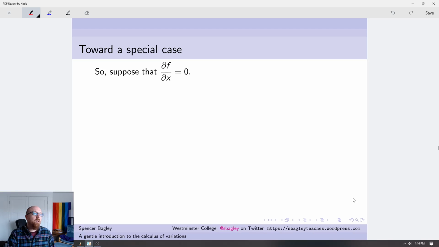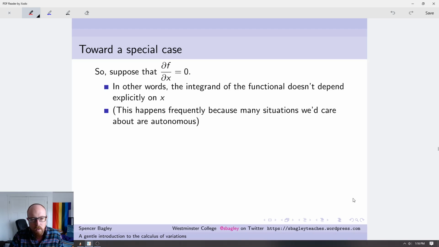So I said earlier that a lot of functionals that we care about are not going to depend explicitly on x because things are autonomous and don't change when you shift from left to right. As long as the integrand of the functional doesn't depend on x explicitly, I bet we're going to get a nice special case because the partial of f with respect to x is 0.